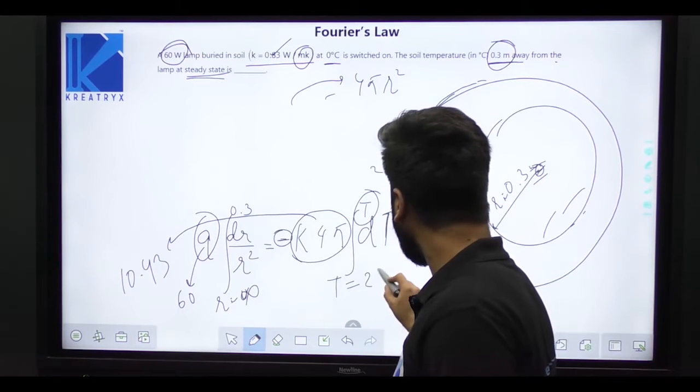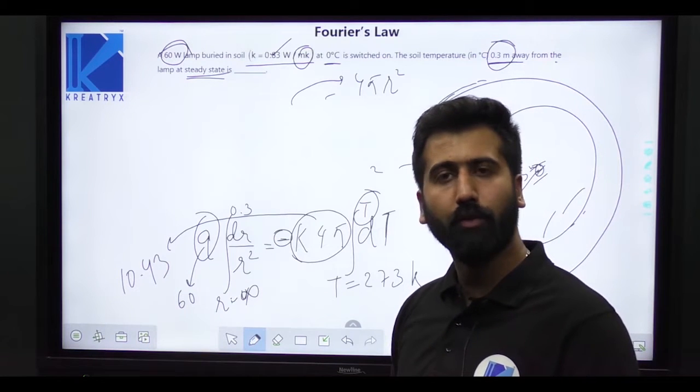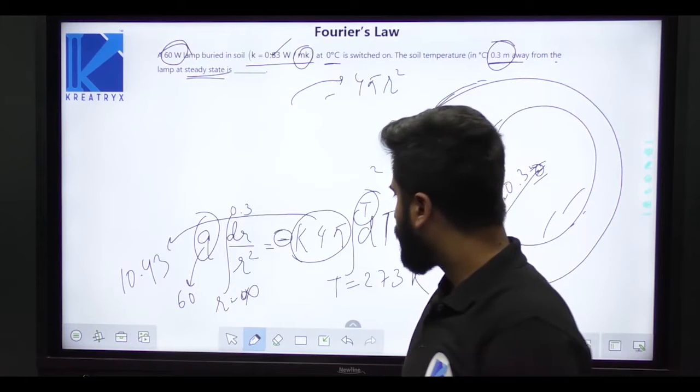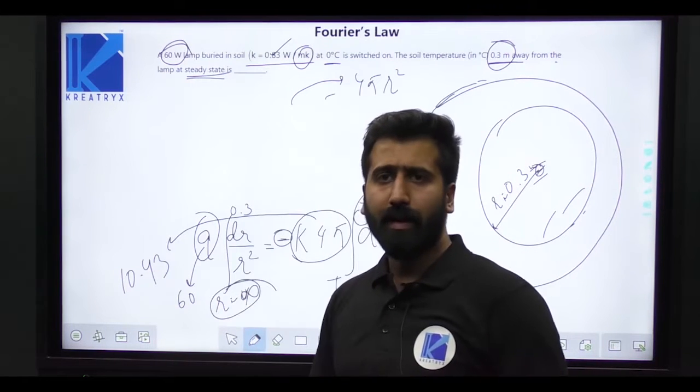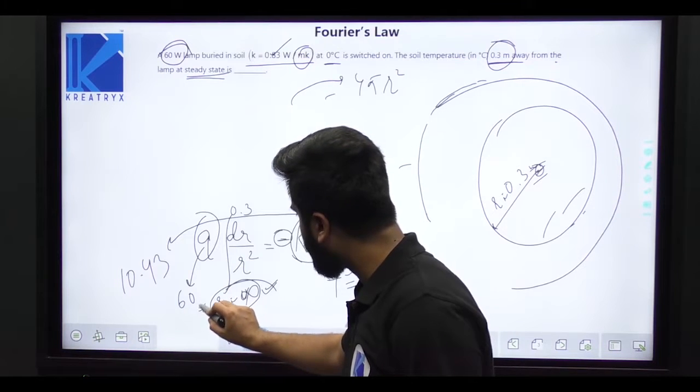That is 273 Kelvin, because the heat of the lamp will not be able to reach a very large distance, which we take as infinity. So this was an important point here.